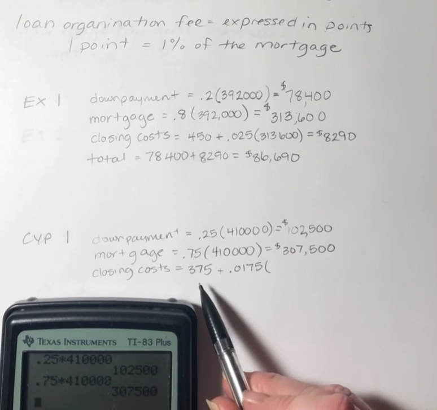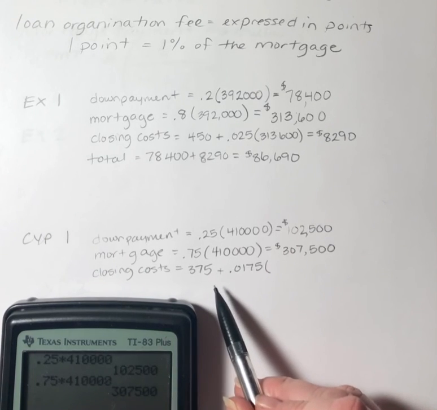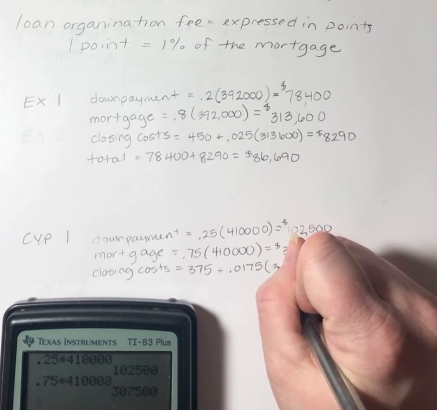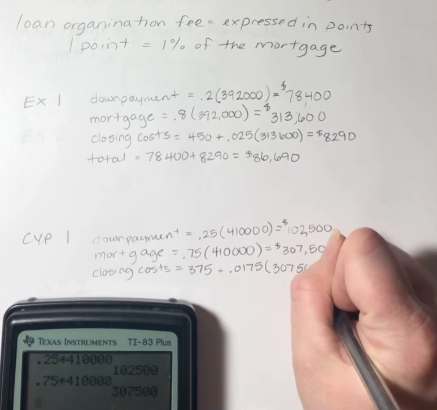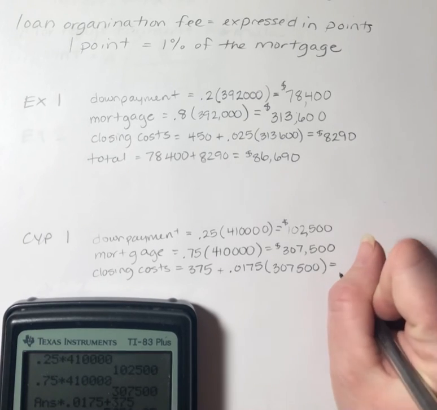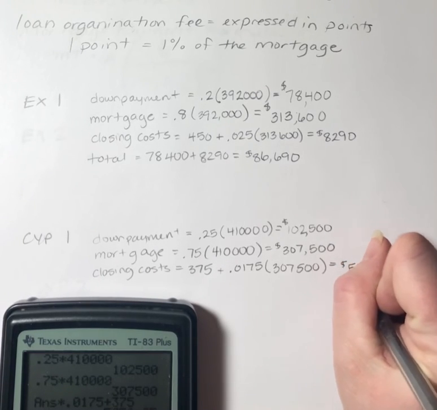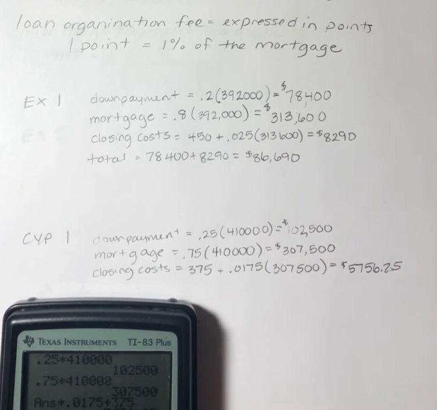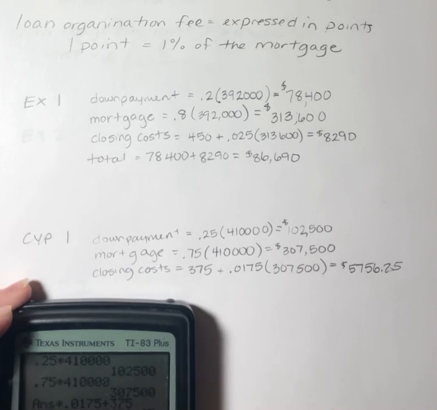Closing costs, I take the $375 plus 0.0175 times the $307,500. And I get $5,756.25.